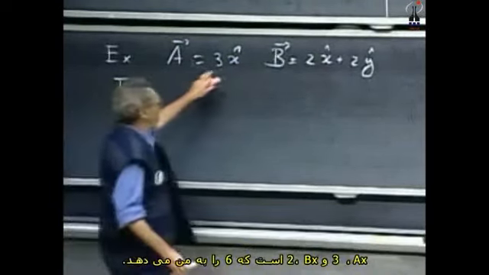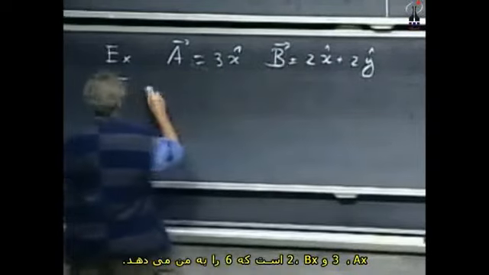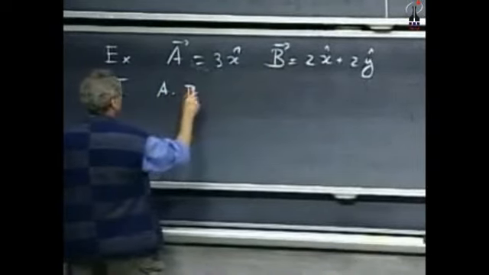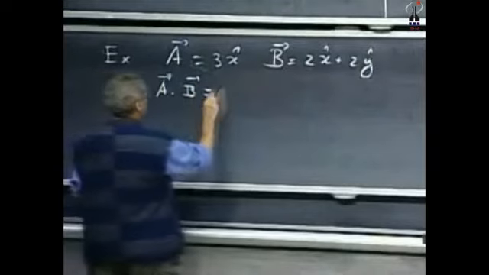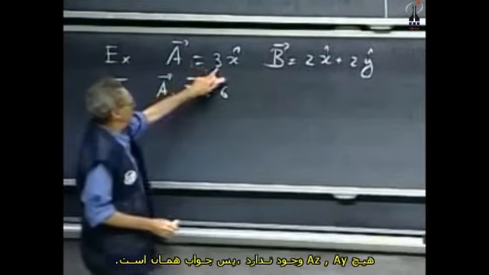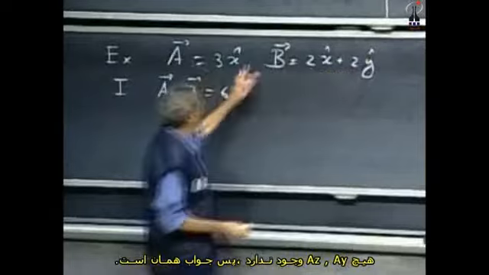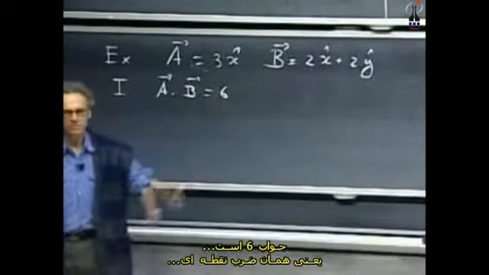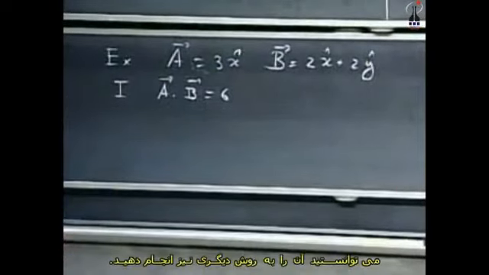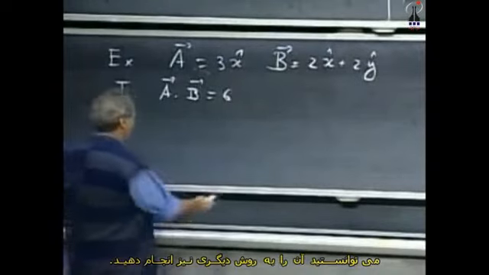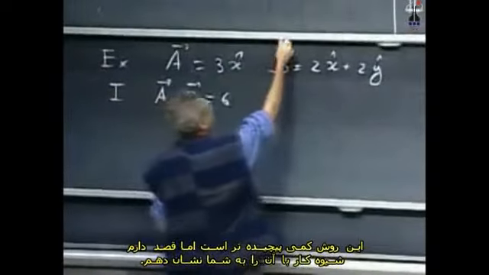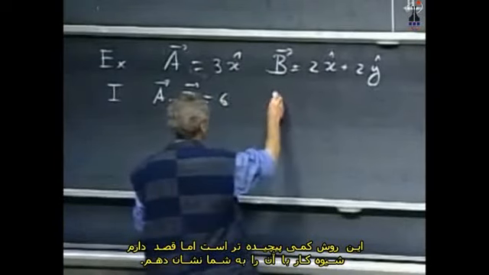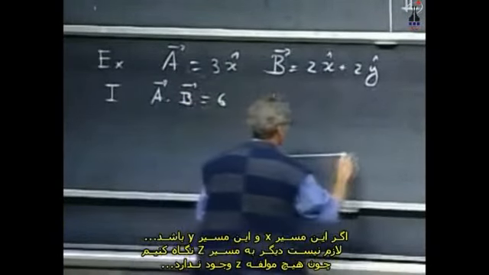Ax is 3 and Bx is 2, so that gives me a 6. There is no Ay, there is no Az, so that's the answer. It's just 6. That's the dot product. You could have done it that way. It's a little bit more complicated, but I certainly want to show you that it works.